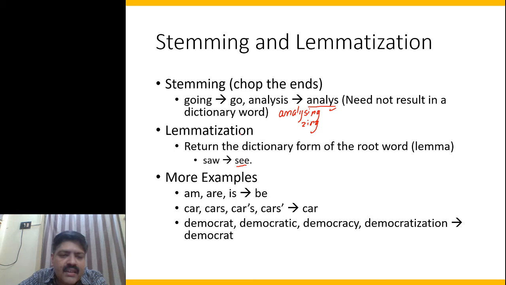That's lemmatization. There are many more examples. So am or is get converted to be, and cars should get converted to car. Similarly, we have democrat, democratic, and so on getting converted to democrat. These are just a few examples of lemmatization.